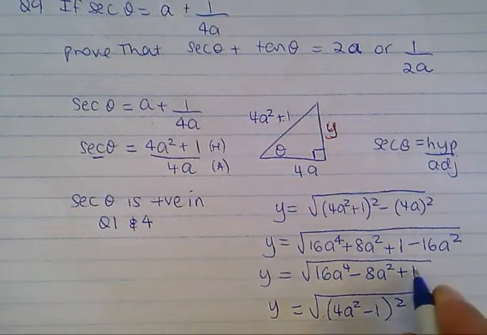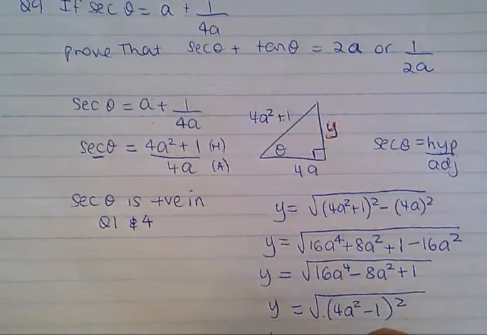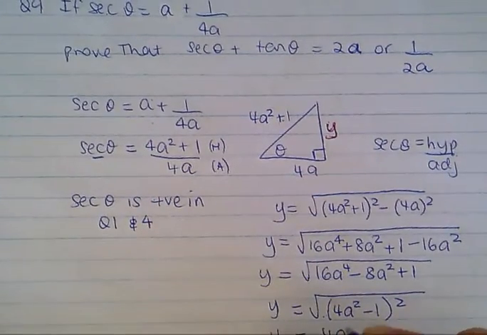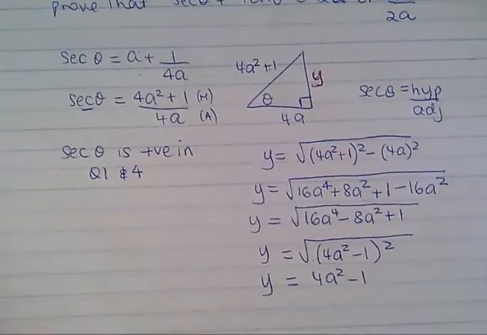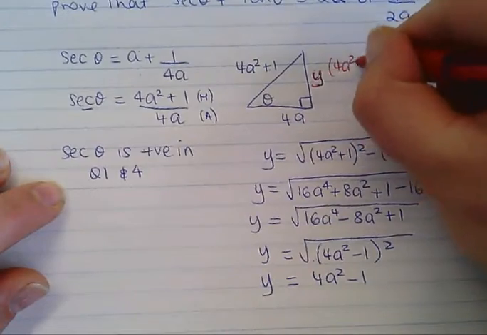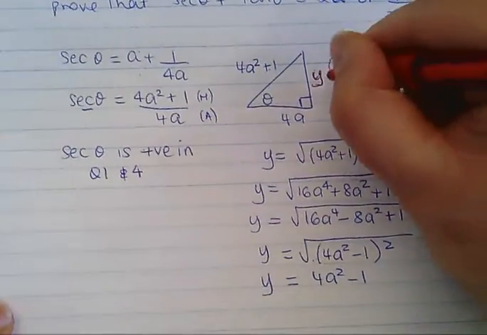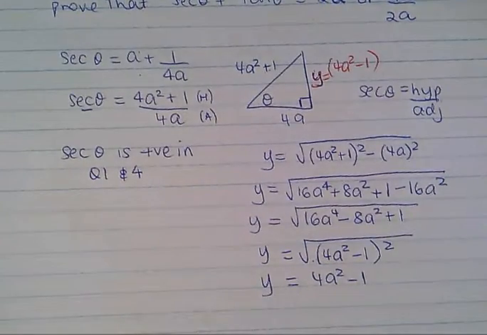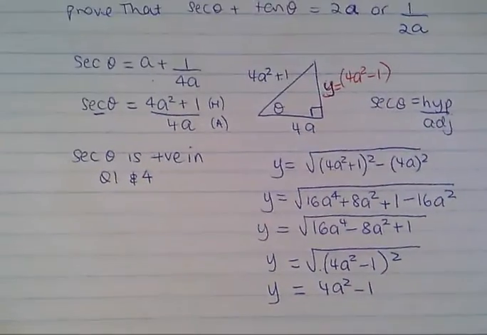Minus 1 squared is positive 1. That's nice, because guess what this equals now? 4a squared minus 1. So now we have our right angle triangle, and this side here is 4a squared minus 1. Great.